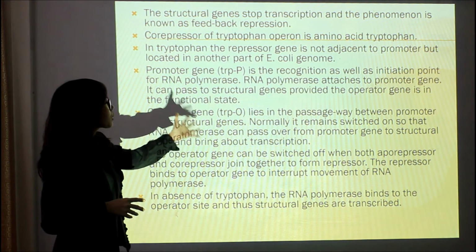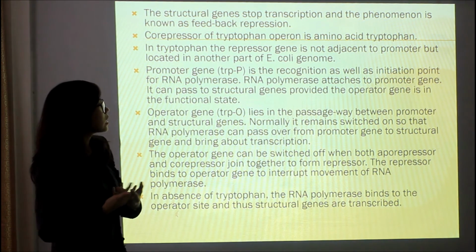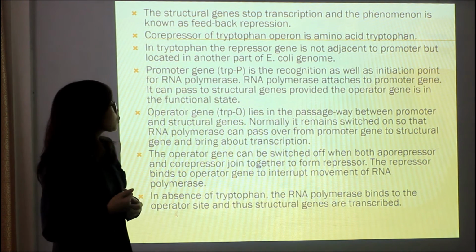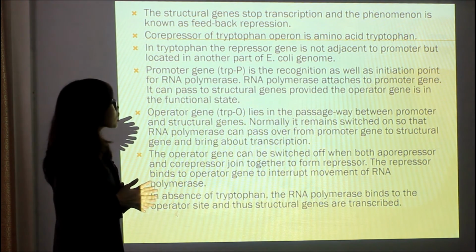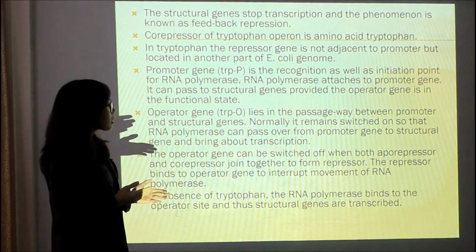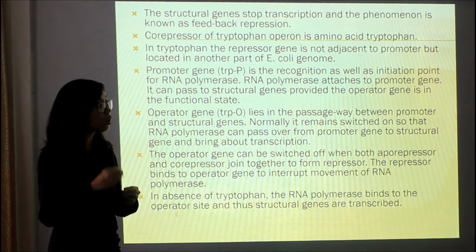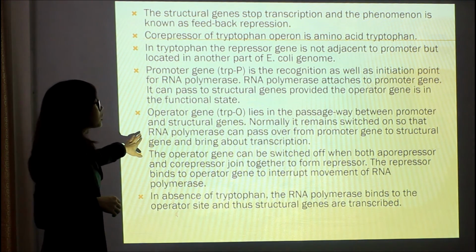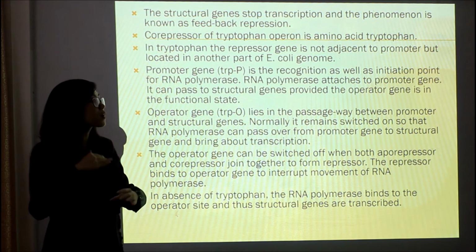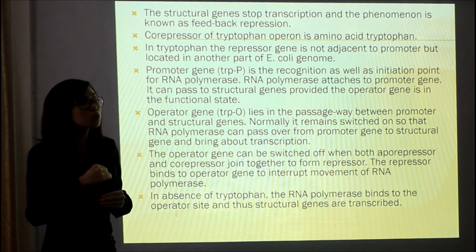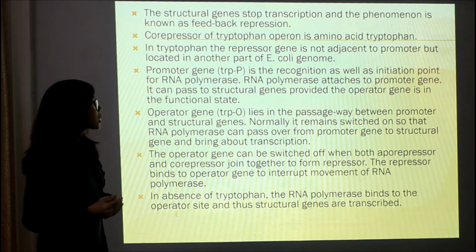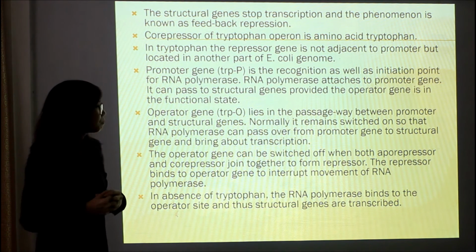The operator gene, tryptophan O, lies in the passageway between the promoter and structural genes. Normally, it remains switched on so that RNA polymerase can pass over from the promoter gene to the structural genes and bring about transcription.